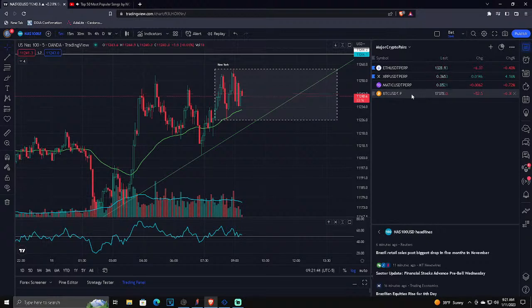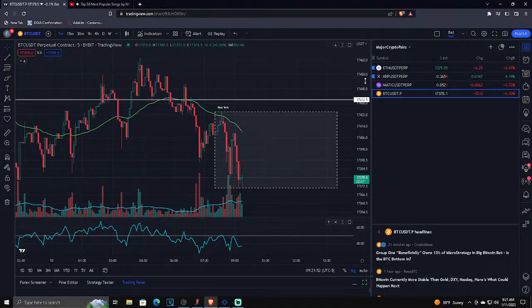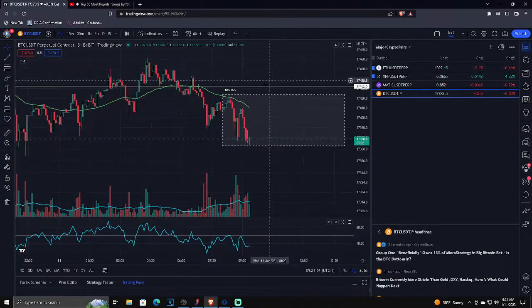Crypto seems a little bit down today. XRP is up, but Bitcoin is a little bit down. Here, Bitcoin would likely be a short position for me, trading under the 50-period moving average.